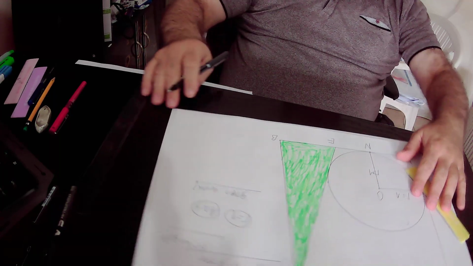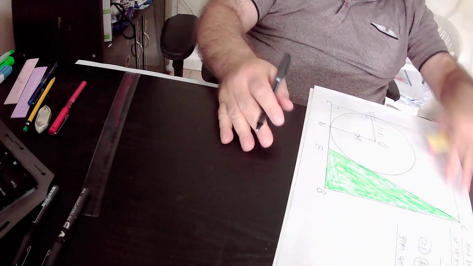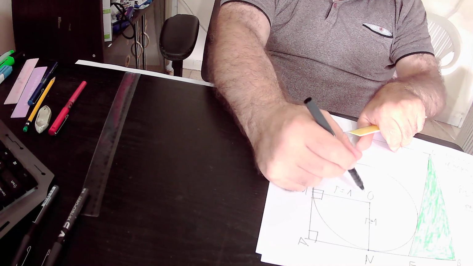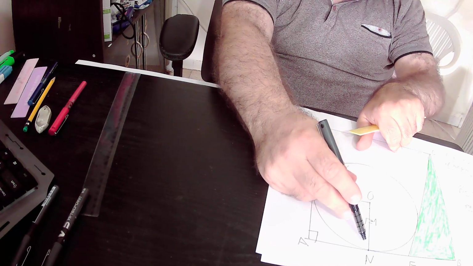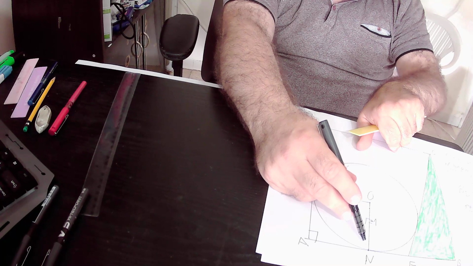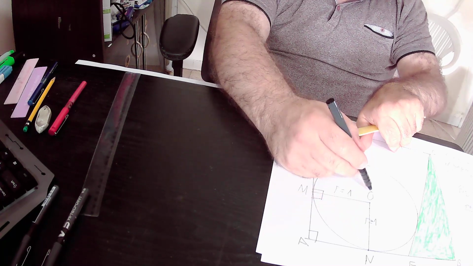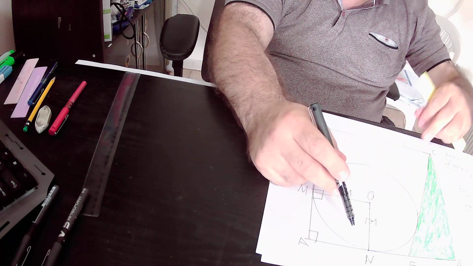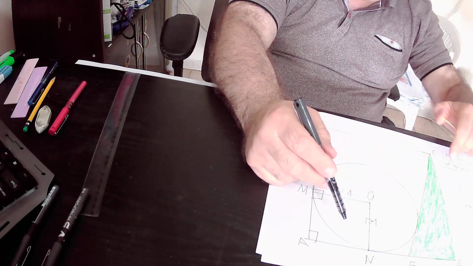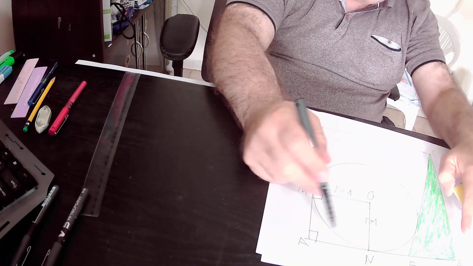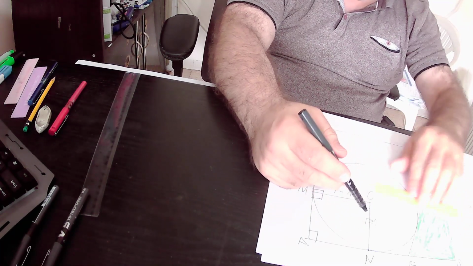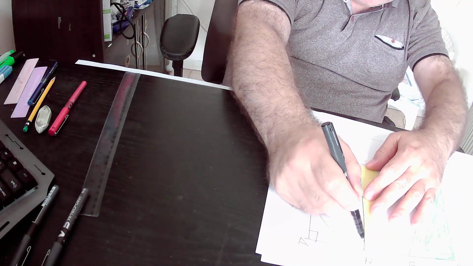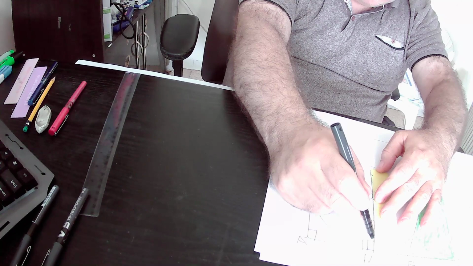So as you can see, the radius ON is drawn to the point of tangency, that is to say, to point N, the point of tangency of tangent AB with this circle. Therefore, the tangent AB will be perpendicular to this radius, that is to say, this angle will be equal to 90 degrees, and this angle will also be equal to 90 degrees.